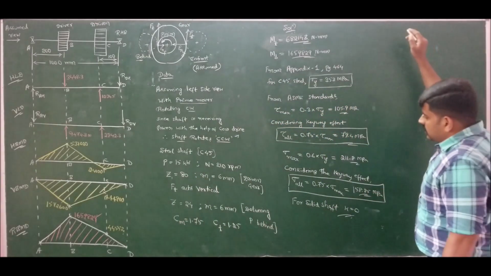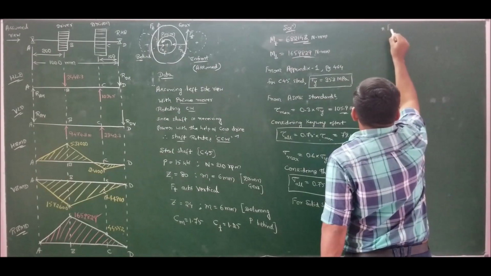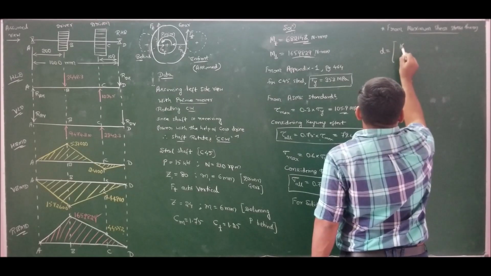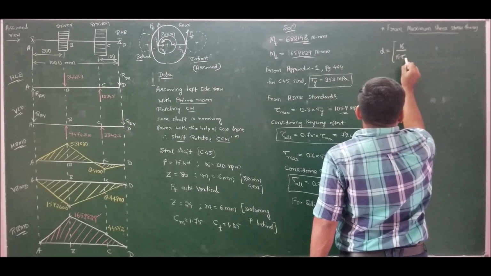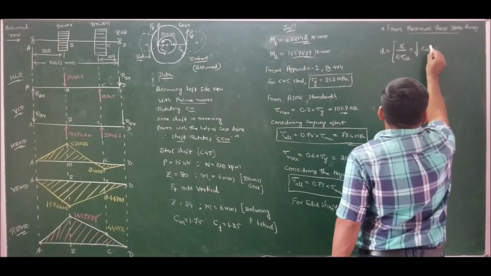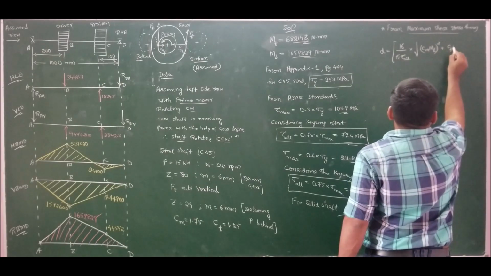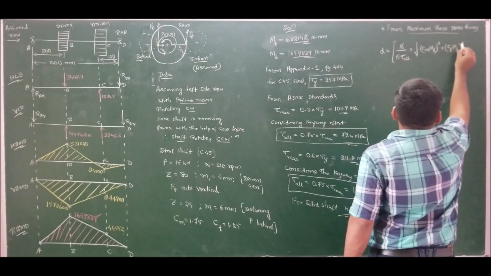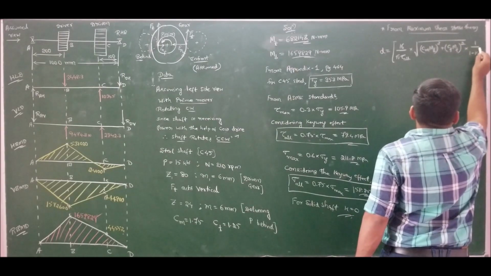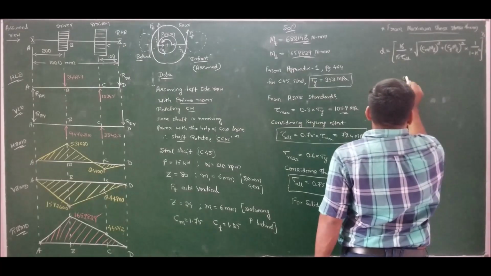Now for the diameter from maximum shear stress theory, we know that diameter d is equal to 16 by pi times tau allowable into square root of (Cm Md) square plus (Ct Mt) square, into 1 by 1 minus k to the power of 4, whole to the power of 1/3.